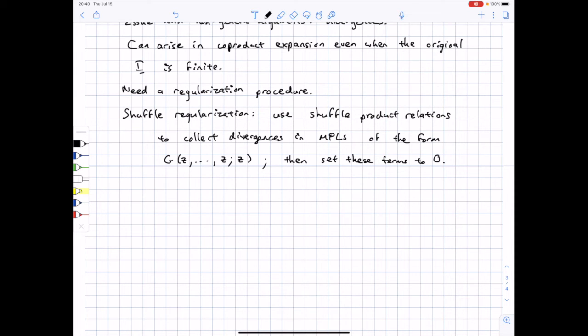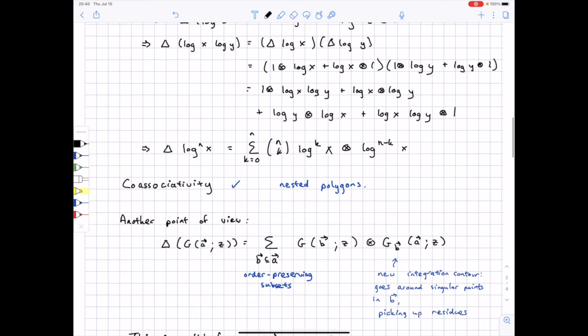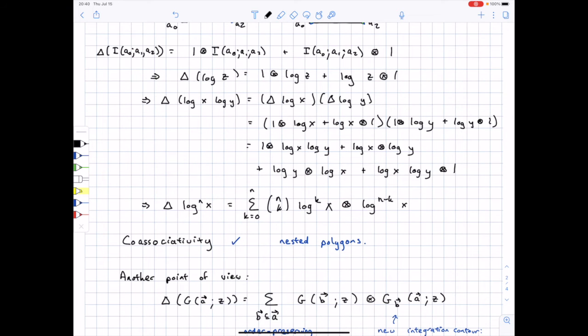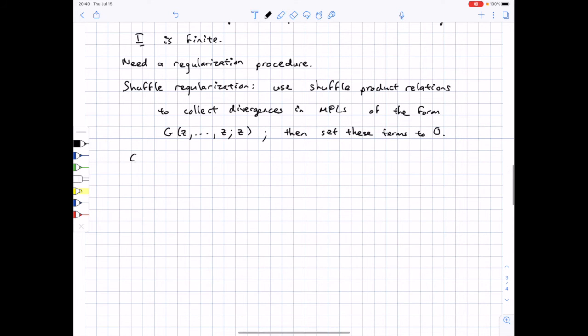Now we actually need to use shuffle regularization in order to derive the next concrete examples of coproducts of polylogs. We've done it for logs and their products, and perhaps the next simplest functions are the ones called classical polylogs.